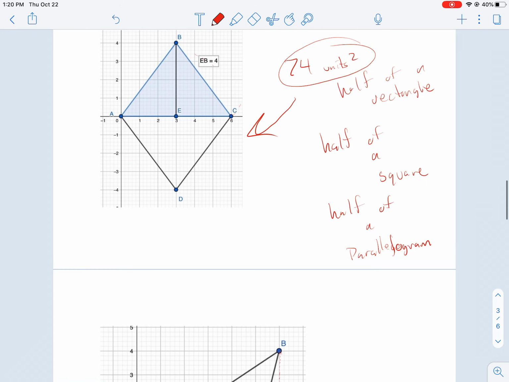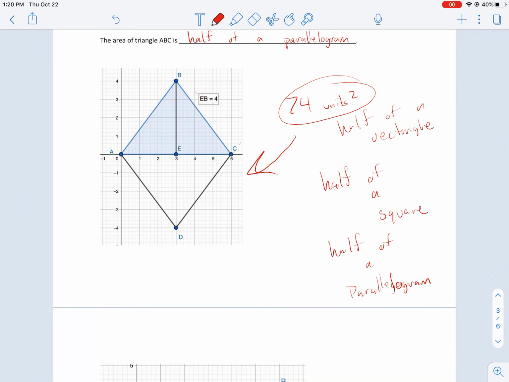Again, it's either half of a rectangle. More important, let me just write this a little clearer, right?